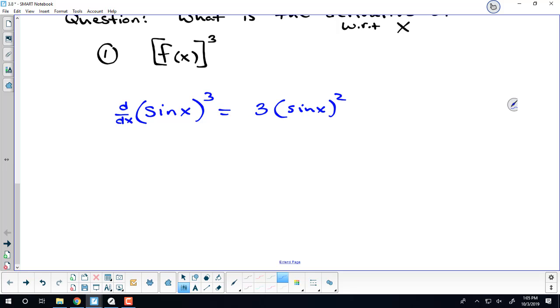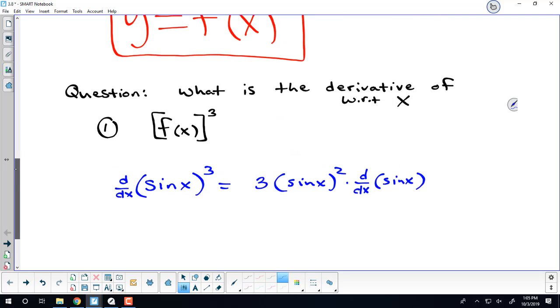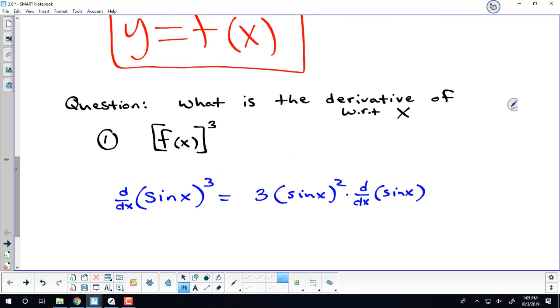And then multiply it by the derivative of the inside, the derivative of sine x. That's the same process we do here. The derivative of this is 3 times f of x squared. So there's the derivative of the outside, leaving the inside alone. Then we multiply it by the derivative of f.